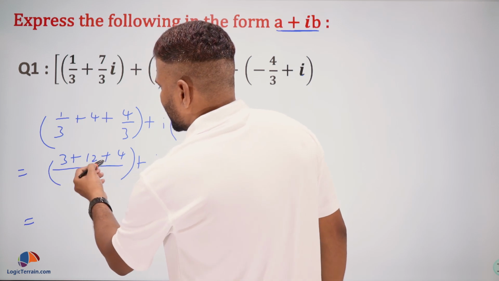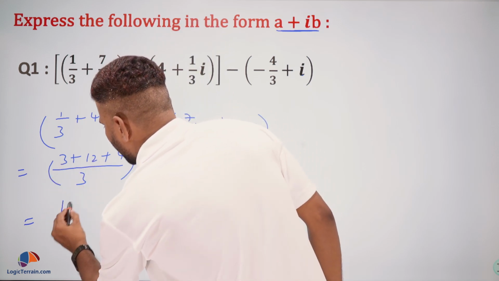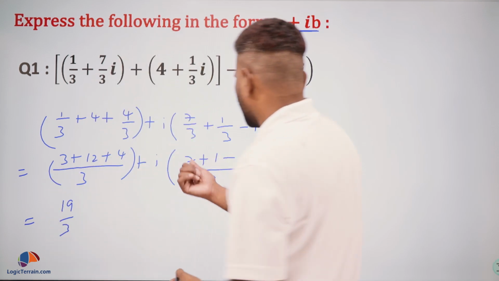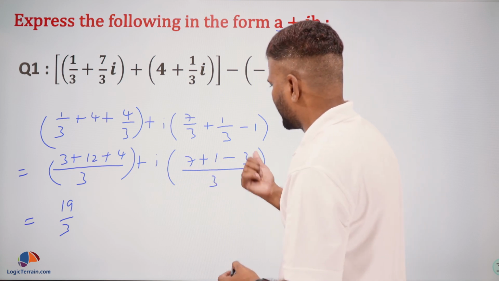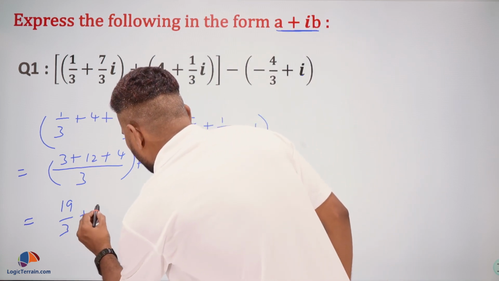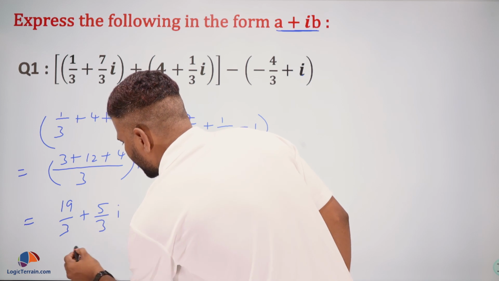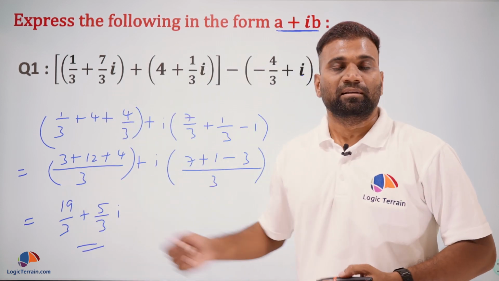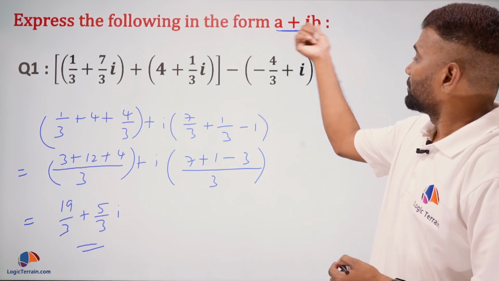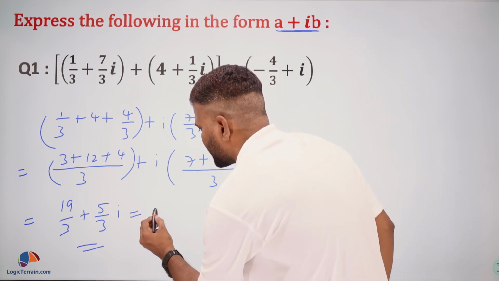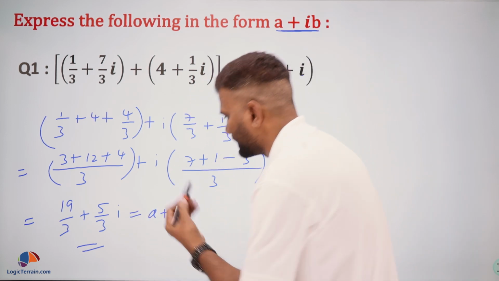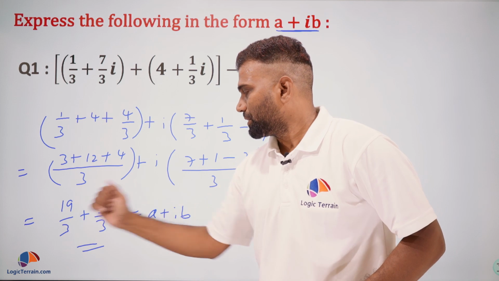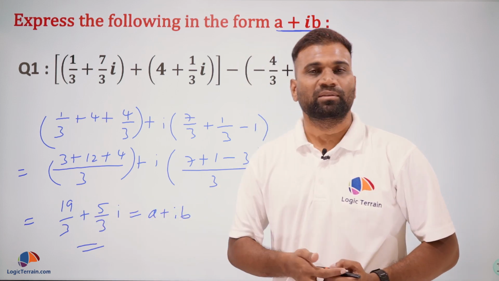Further this becomes 16 plus 3, 19 upon 3, and this is 8 minus 3, that is 5, plus 5 upon 3 i. This is our final required form, that is a plus ib. Here a is 19 upon 3 and b is 5 upon 3.